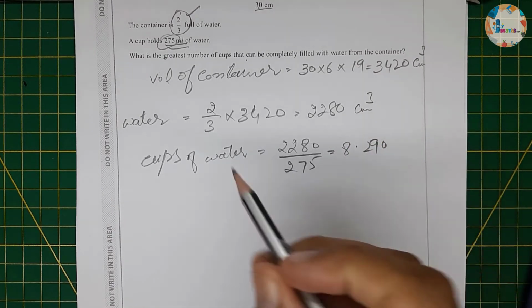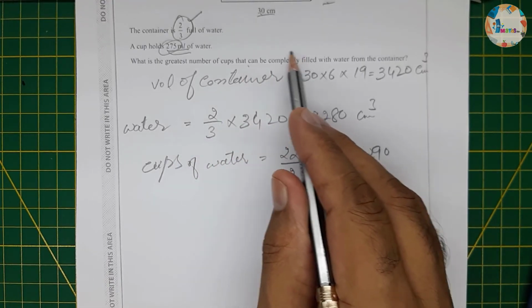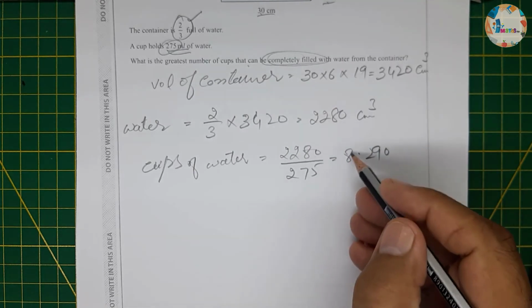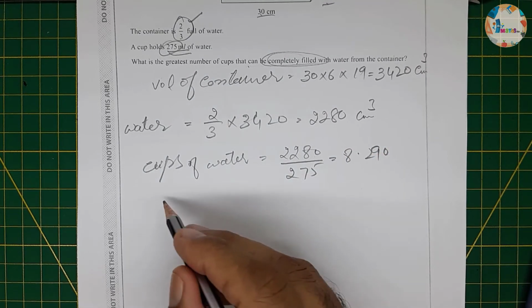They are asking for the greatest number of cups that can be completely filled, so 8 will be completely filled, and this is the extra amount, which we will not take.